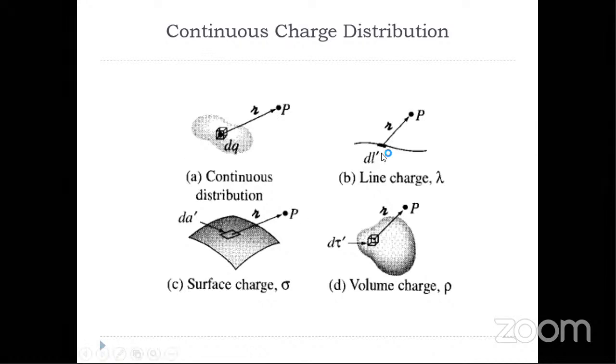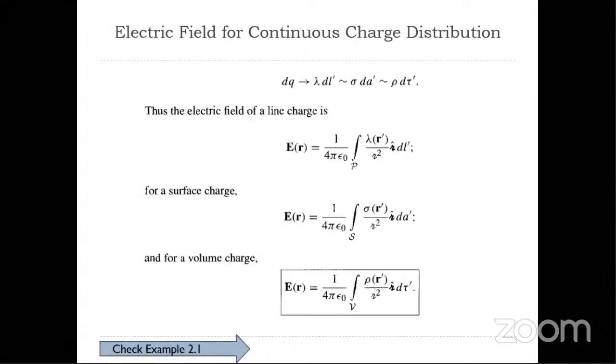And therefore, addition of continuous terms should be replaced by integration. This integration is over entire line. So continuous summation is always replaced by integration. So sum of all the electric fields due to all elements is the final electric field at that field point. So this is electric field produced by line charge.